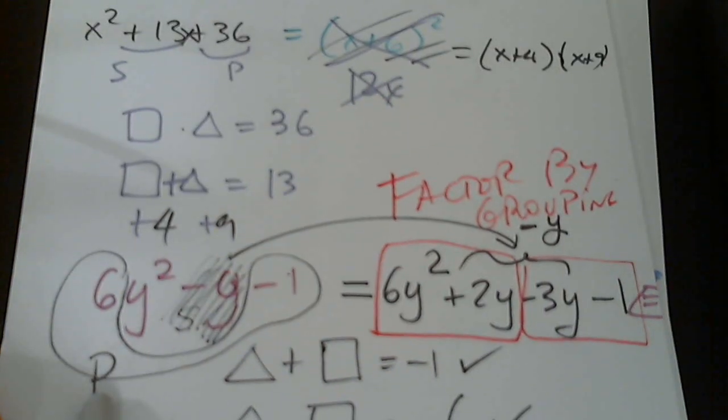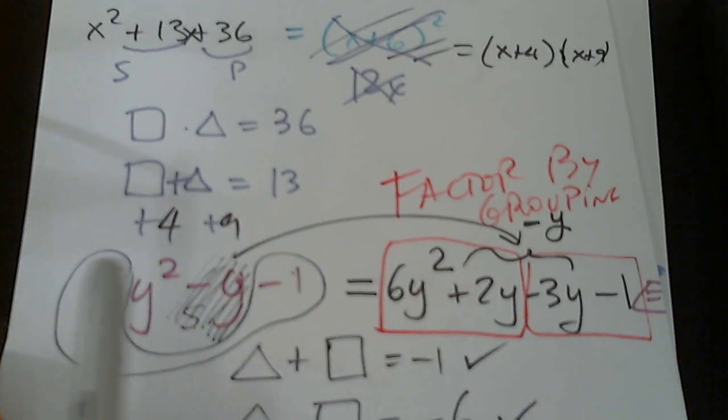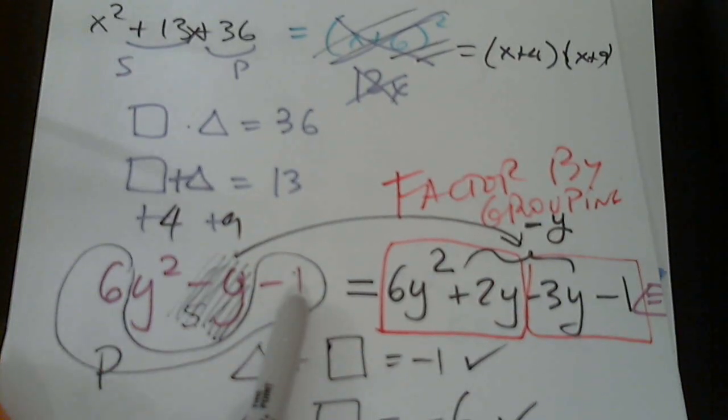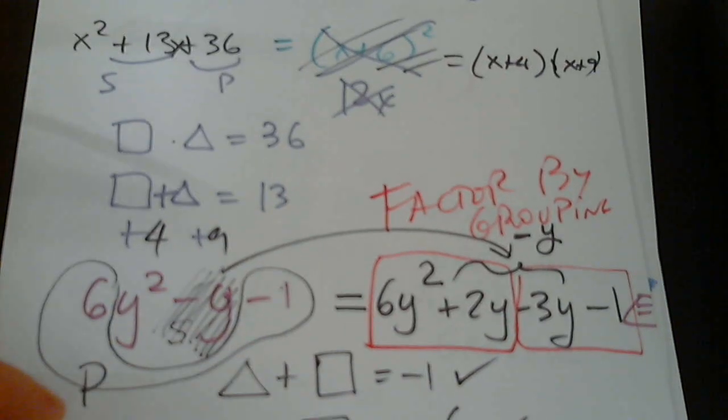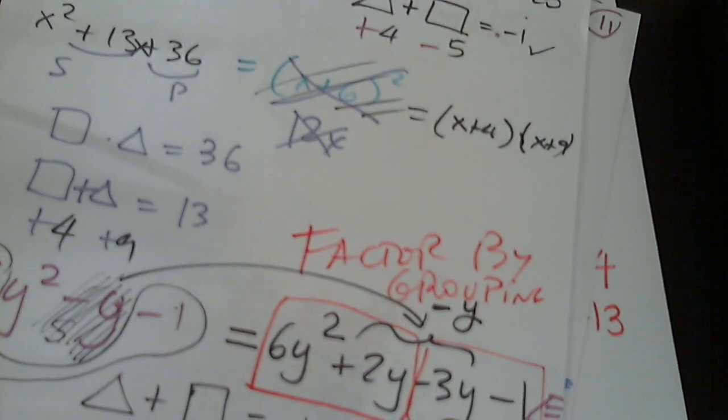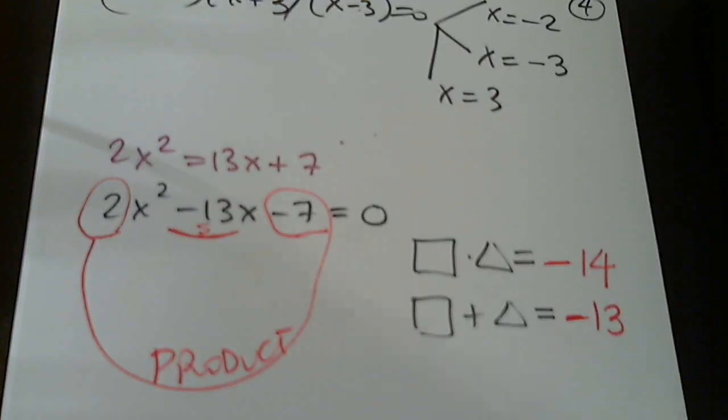Here. The product is the product of 6 times negative 1. Okay, understand. Thank you. Perfect. Good. Back to the bin. Good.